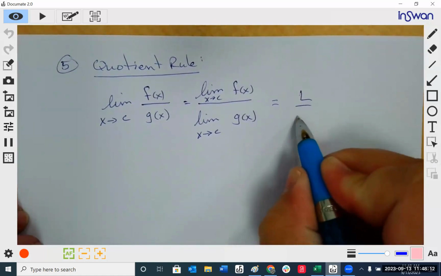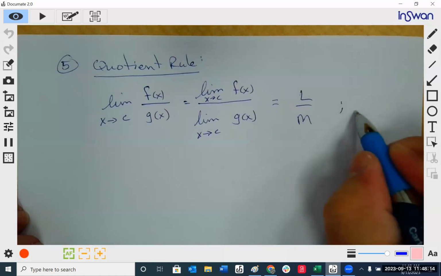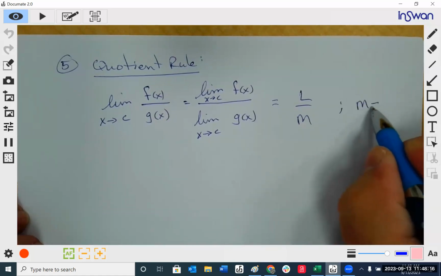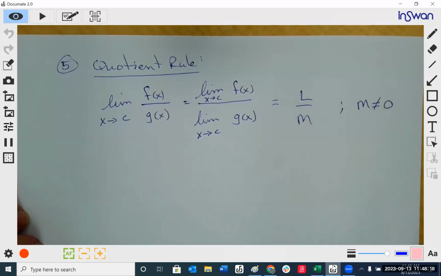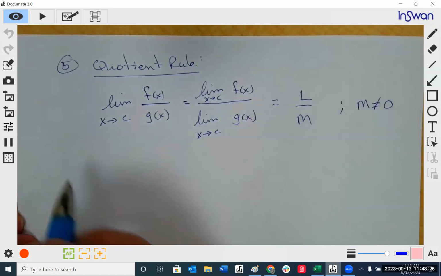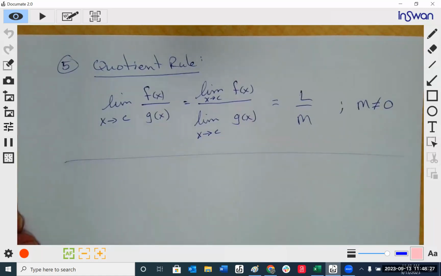This is L over M. M cannot equal 0. Neither can the limit of g of x equal 0.